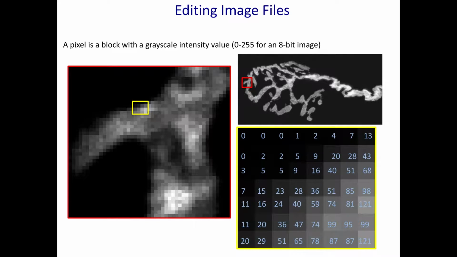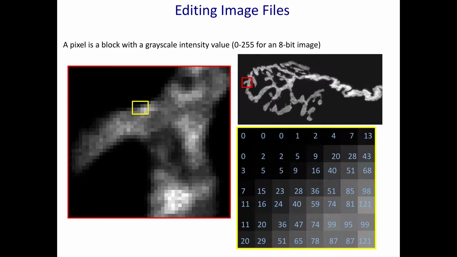You could save your image as a 12-bit or a 16-bit image, and oftentimes in science we do that. If you save it as a 12-bit image, it's going to have 2 to the 12th intensity values. That's about 4,000. Or 2 to the 16th for a 16-bit image, which is about 64,000 different intensity values.